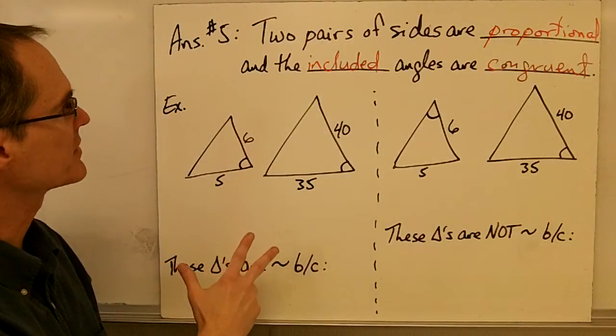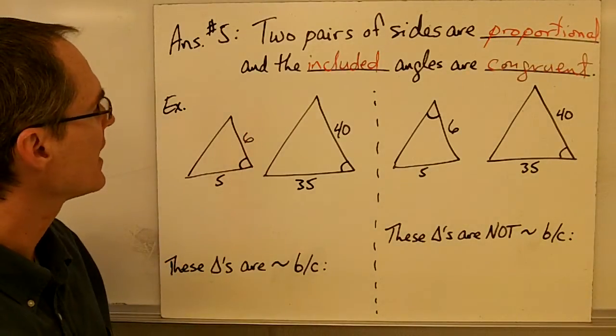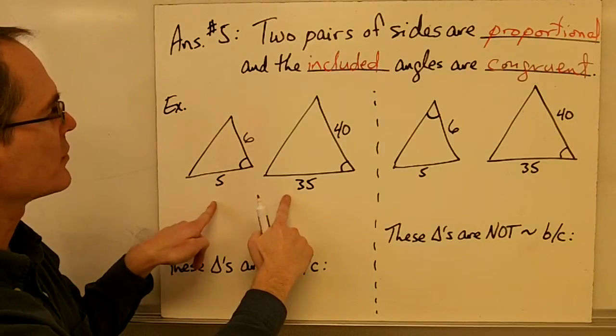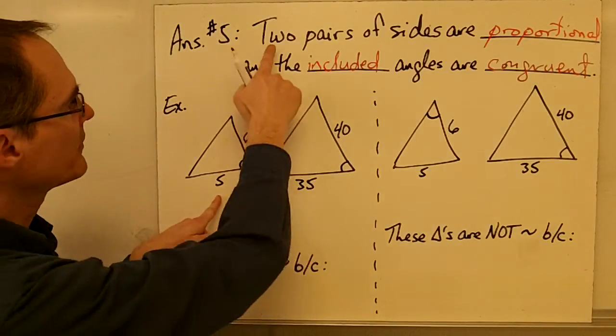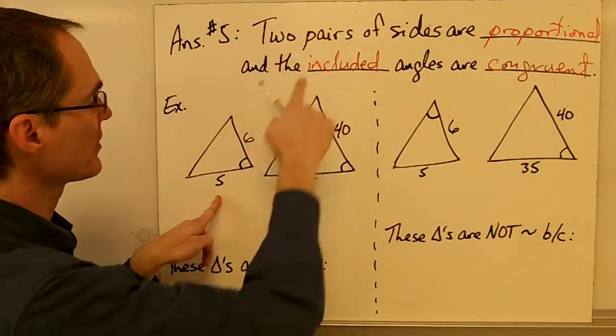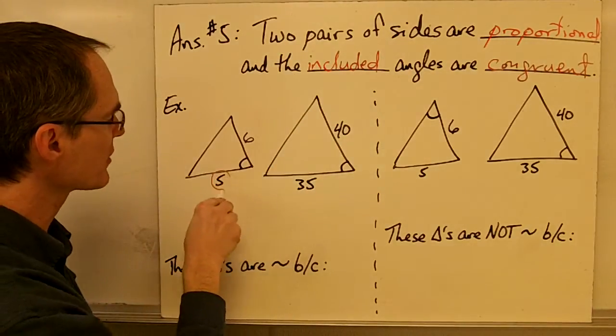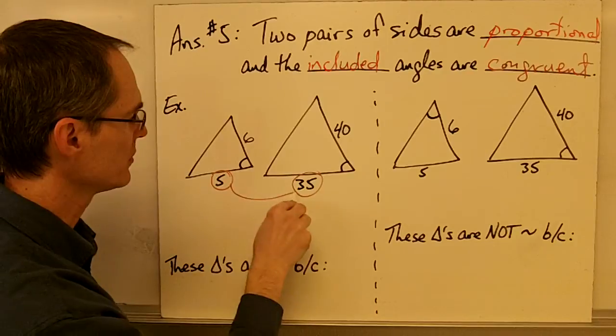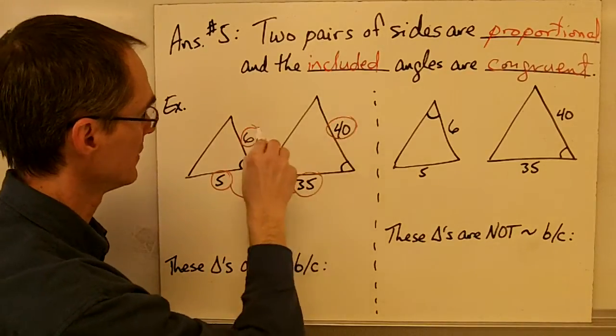So now we have this statement that is going to let us say that two triangles are similar if I have not three pairs of sides, but only two pairs of sides that are proportional. These two pairs and this pair and this pair.